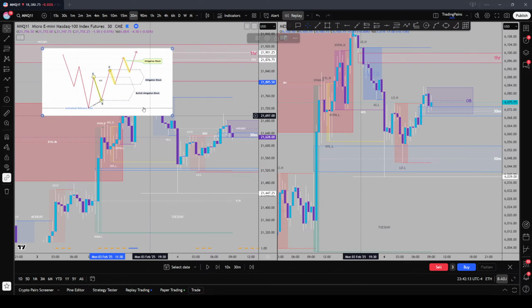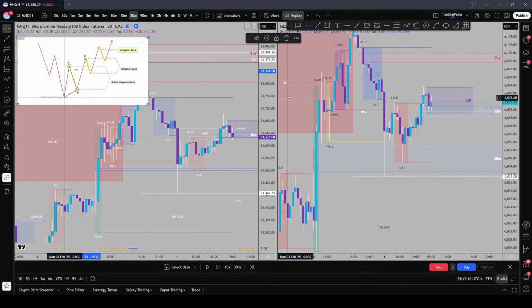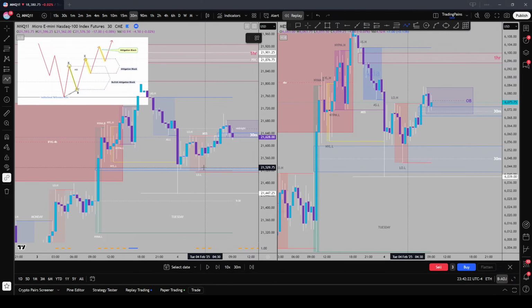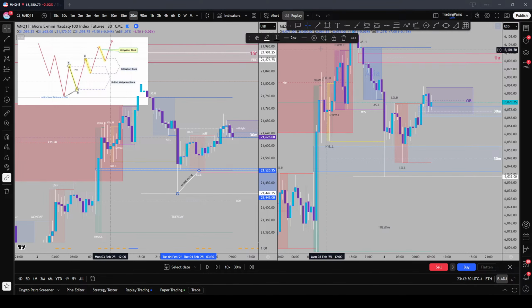So mitigation block, this is what I'm seeing right here. Right, because we have a fell swing. Let's make that black so it's easier to see. And dotted.